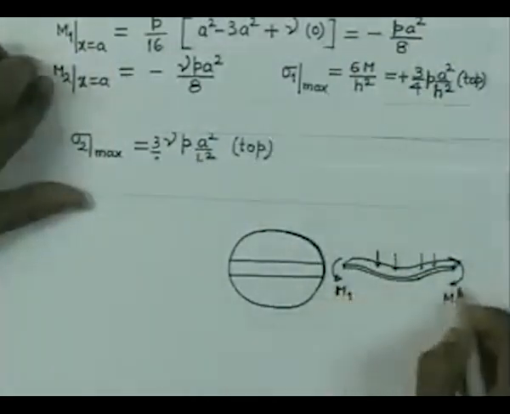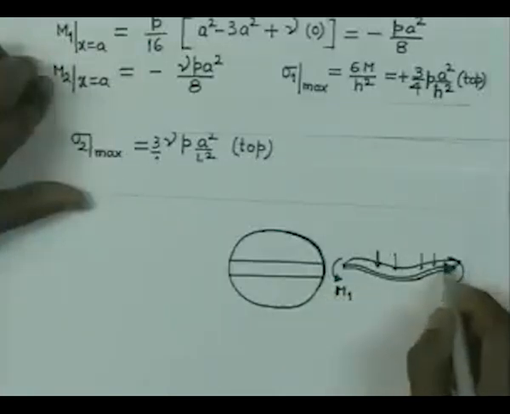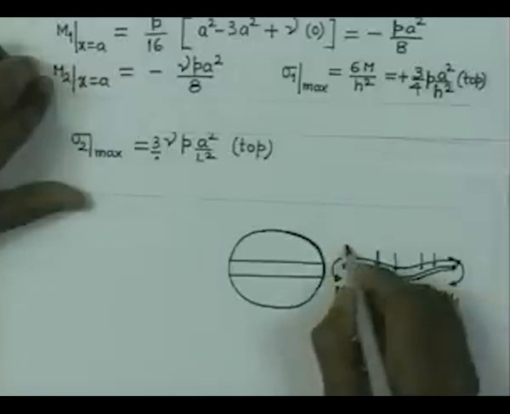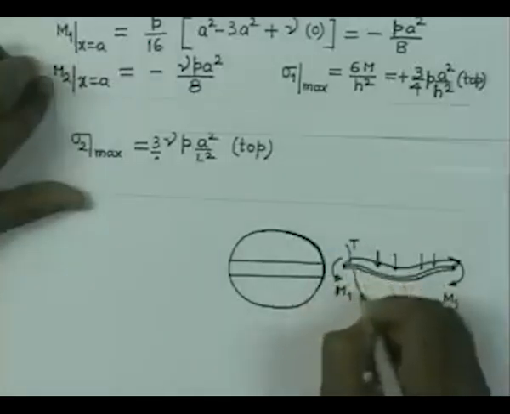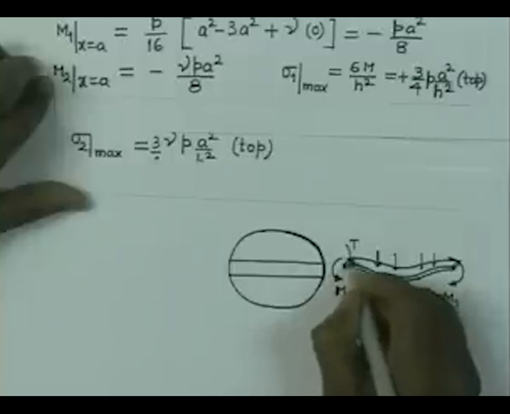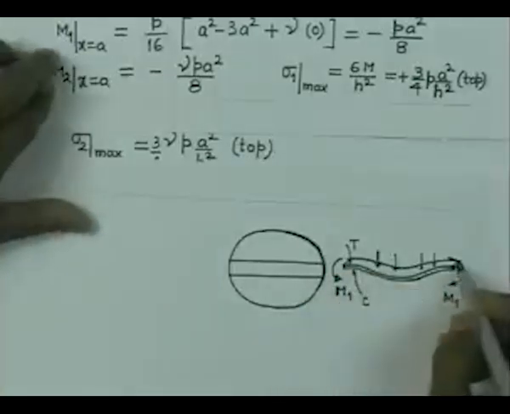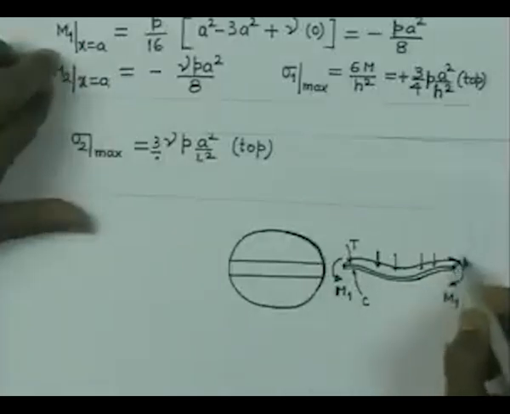Now, under the action of this bending moment, we will have tensile stresses developed at the top and compressive stresses at the bottom. So, here you expect tensile stresses, and at the bottom we are going to get compressive stresses, and anticlastic curvature will develop such that since compression is here, there will be extension here and contraction at the top.